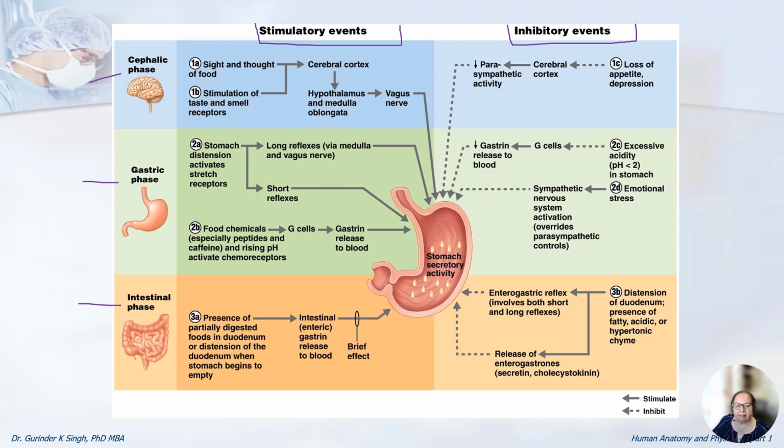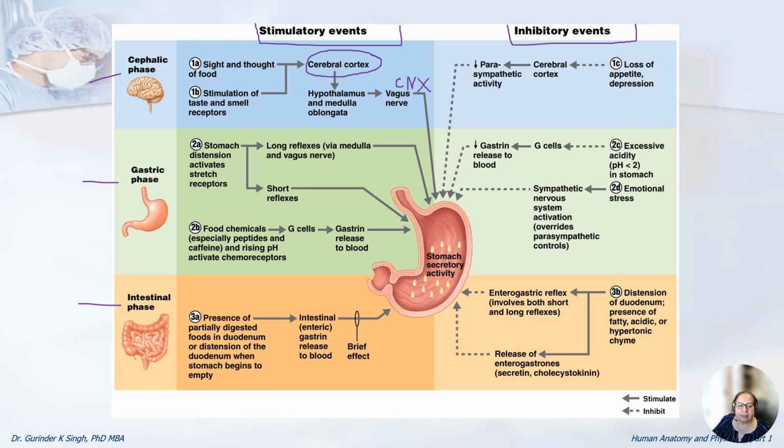In the cephalic phase, the food has not yet entered into the stomach, so that's an important thing to remember. It is just the sight or the thought or the smell, and that's going to go through your central nervous system, cerebral cortex, through the hypothalamus and medulla oblongata and vagus nerve, which is cranial nerve 10. That's going to stimulate the production of the gastric juices.